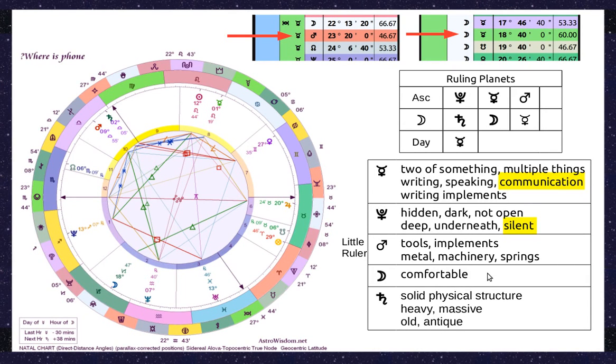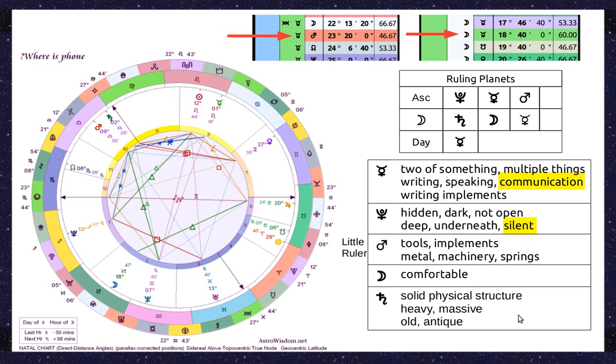Now, Moon says that it's something that's comfortable. It could also indicate cooking or the kitchen, where food is prepared. And Saturn indicates something that is a solid physical structure, something that's heavy or massive, perhaps something that is old or antique.